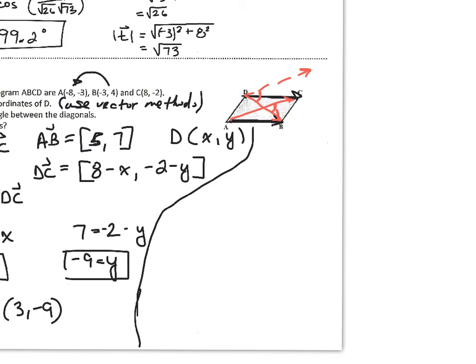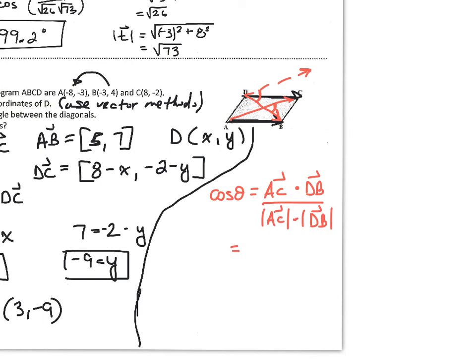Okay, so cos of theta will take our two vectors, in this case AC, dotted with DB, over the magnitude of AC times the magnitude of DB. So there we're doing our scalar, so we do multiplication there, okay? So that'll equal, and I'm just going to work these ones out.